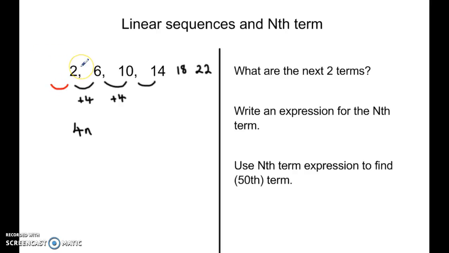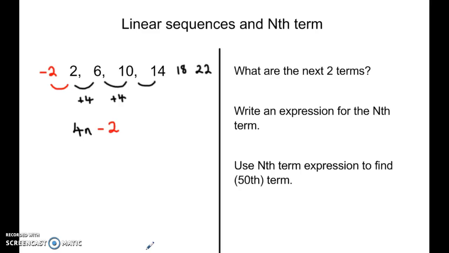As our sequence is going up by 4 from left to right, if we went one term this way, we subtract 4, and this number would be -2. So -2 is what we call our 0 term, and we'll put that here. So from that, our expression for the nth term is 4n minus 2.